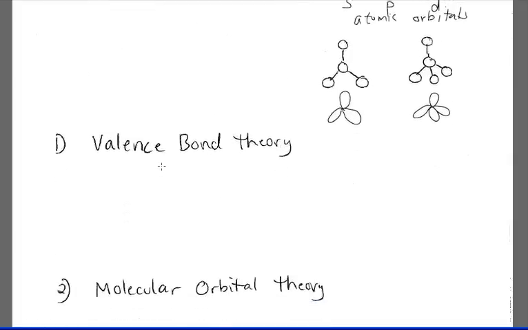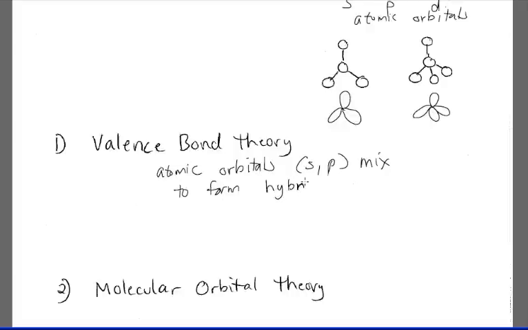And valence bond theory is where you take those atomic orbitals, and we're going to talk about s and p orbitals, and we mix them to form hybrid or mixed orbitals, form hybrids of atomic orbitals.